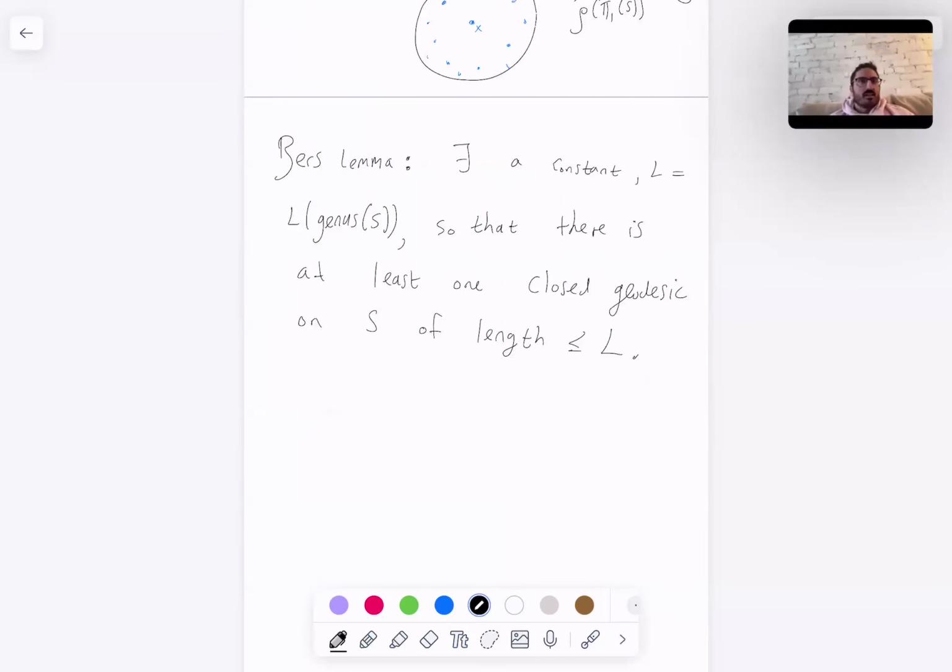Okay, so it's impossible to have a hyperbolic surface of a fixed genus where every closed geodesic is extraordinarily long. That can never happen.